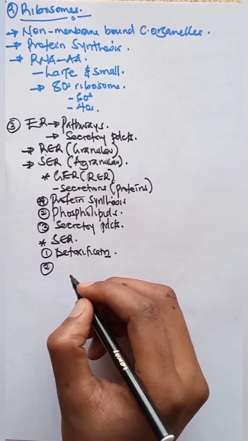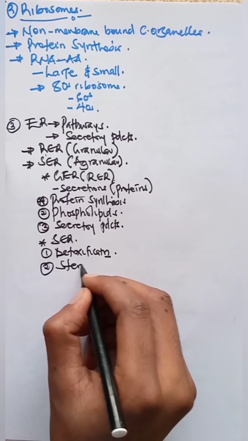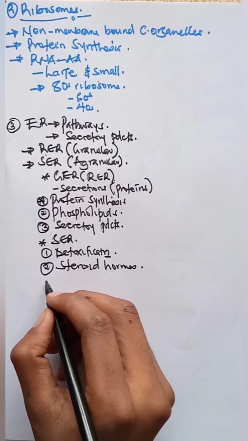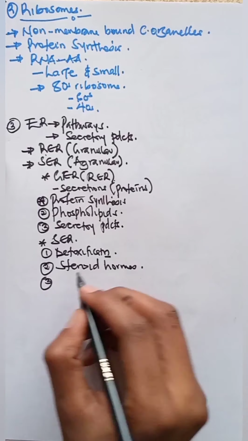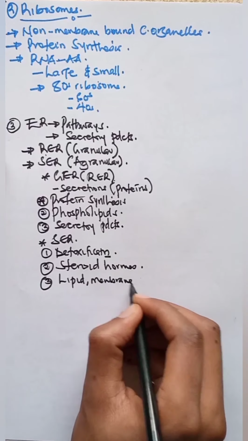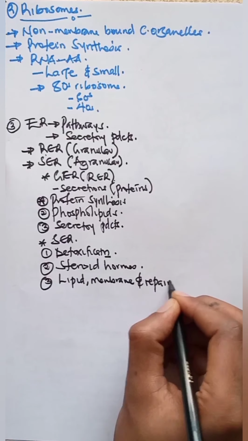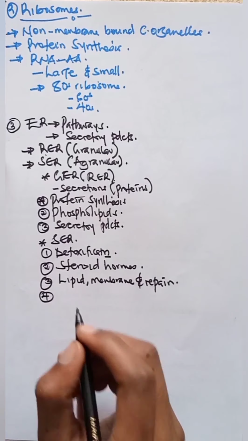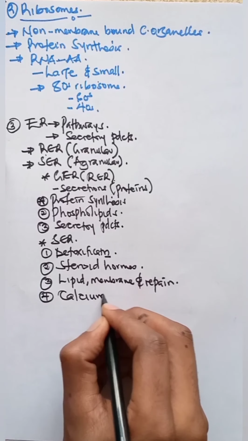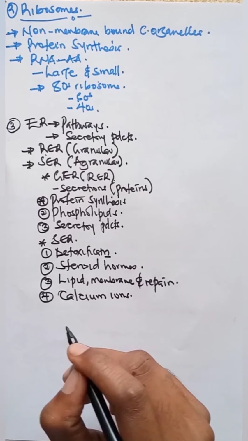Number 2, the agranular endoplasmic reticulum is involved in synthesis of steroid hormones. Number 3 is very important in lipid synthesis, membrane synthesis, and repair. Then number 4, it's very important in release of calcium ions in myocytes during muscle contraction and relaxation.